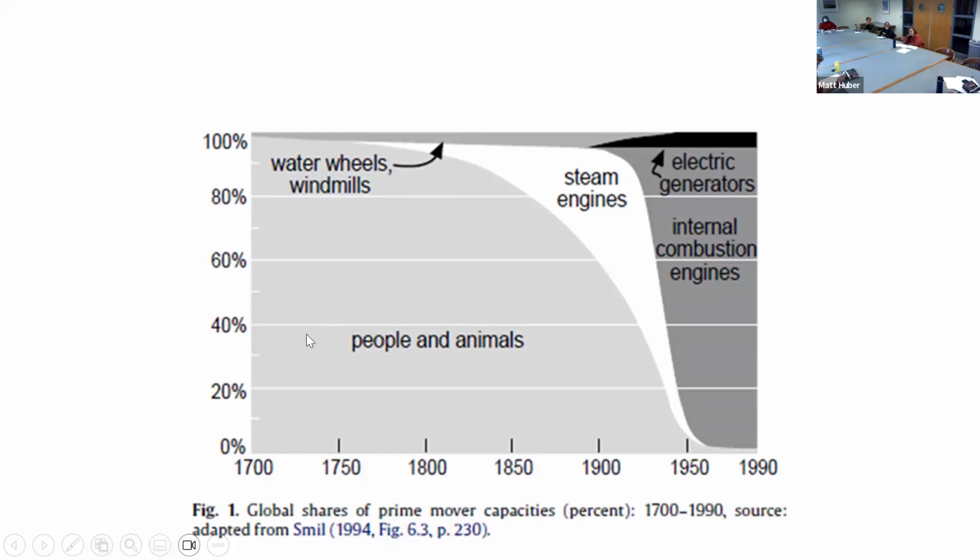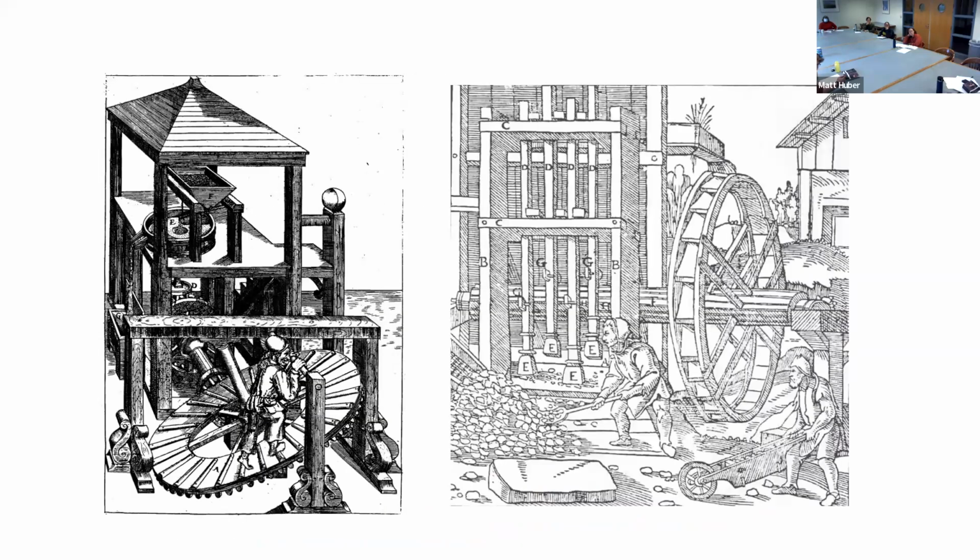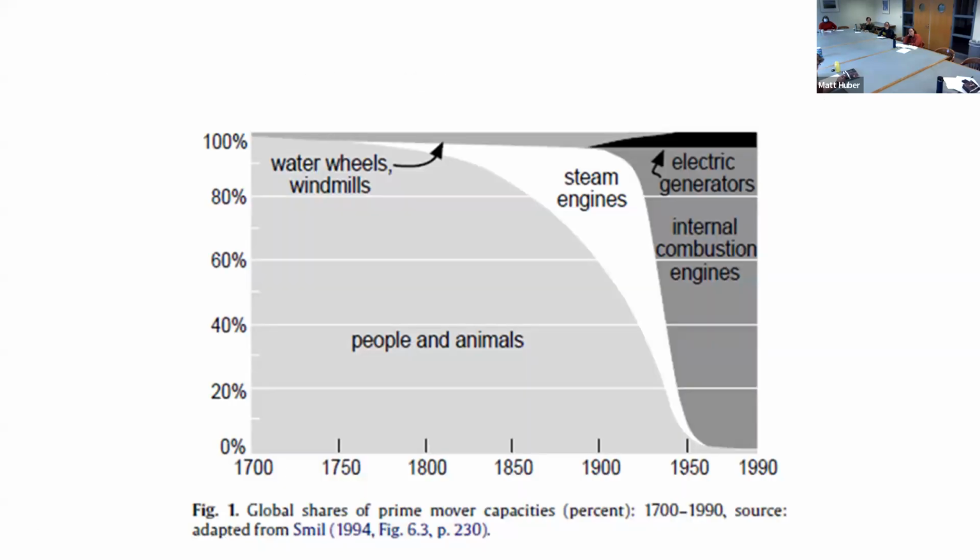And, you know, those muscles might be driving machines in some way, but ultimately, most of it is actually doing that kind of work, like shoveling and moving stuff by hand, and animals moving stuff over land via transport. As you can see, they were able to harness a bit from water wheels and windmills at the time.